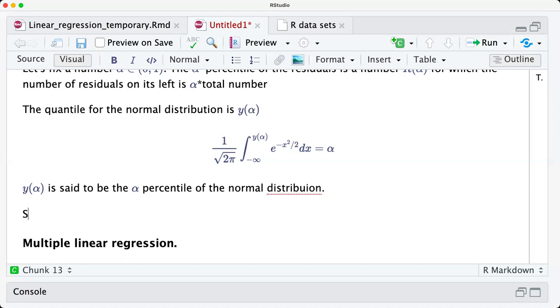So for each alpha, we have the percentiles of a normal and of our residuals.